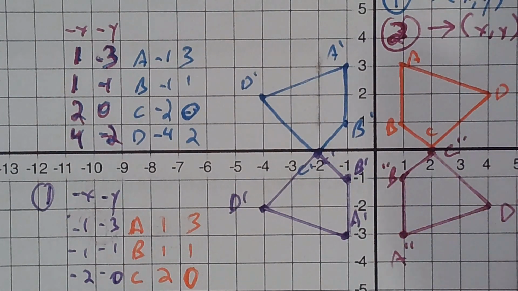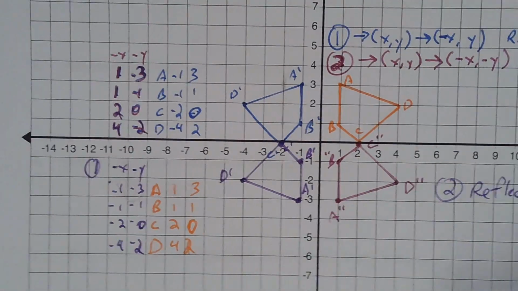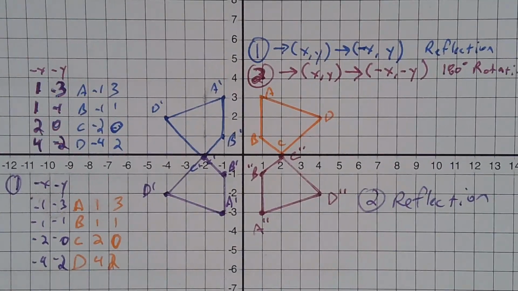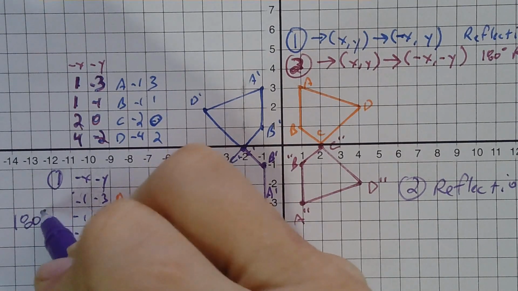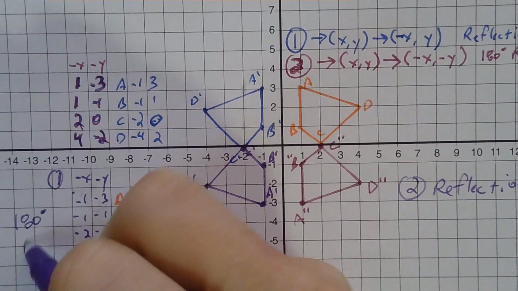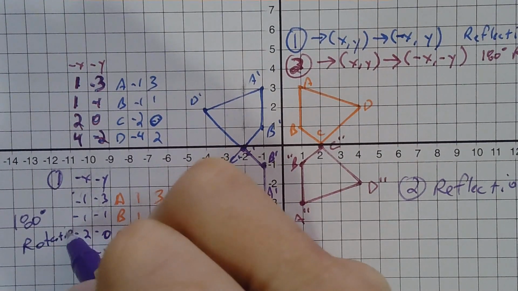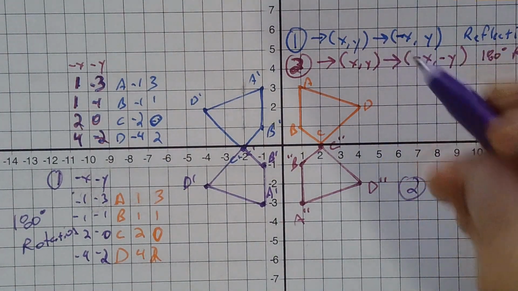It would be the reflection. This is a reflection. Our second transformation would be the reflection. This is the rotation. It was the first transformation.